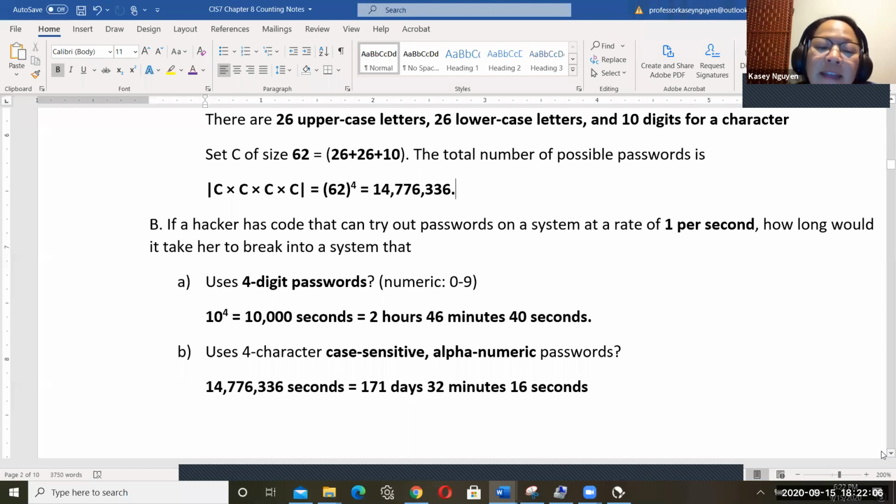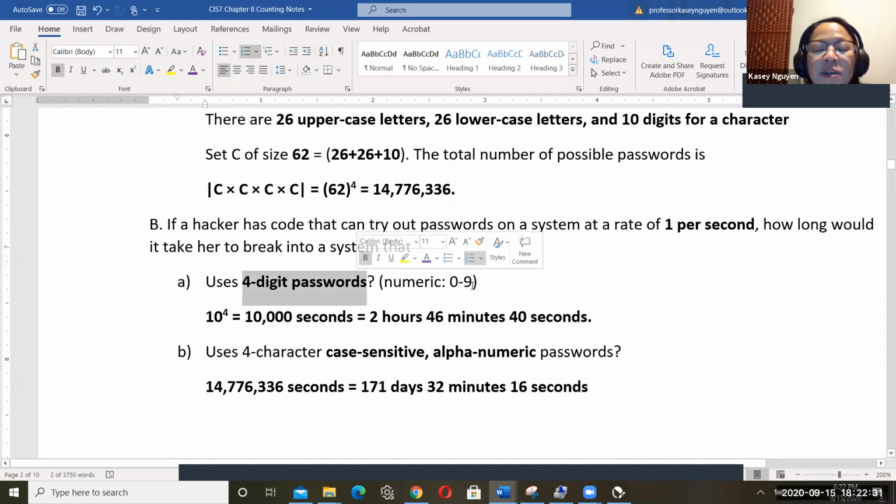So when we're looking at 4-digit passwords, we previously calculated the number of variations for the alphanumeric passwords that are 4 characters. If it's a 4-digit password, numeric only, 0 through 9, then we would have 10 to the 4th to calculate the variations of the password, which gives us 10,000.